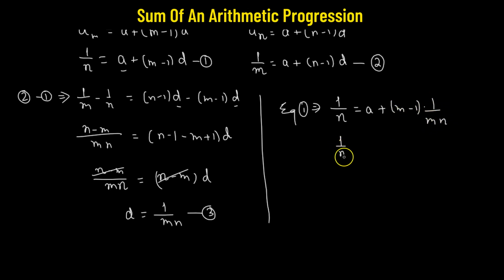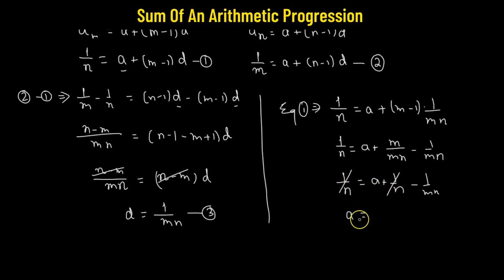So we have 1 over n equals a plus m over mn minus 1 over mn. That gives us 1 over n equals a plus 1 over n minus 1 over mn. Here 1 over n cancels out, and that leaves us with a equals 1 over mn. Let this be number 4.